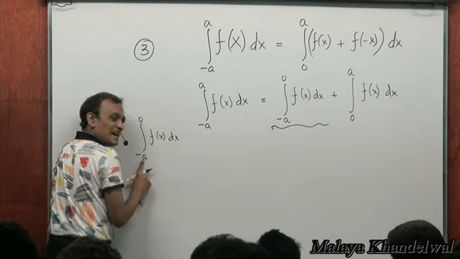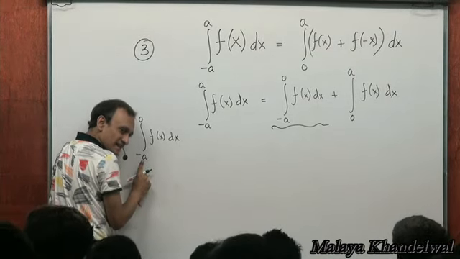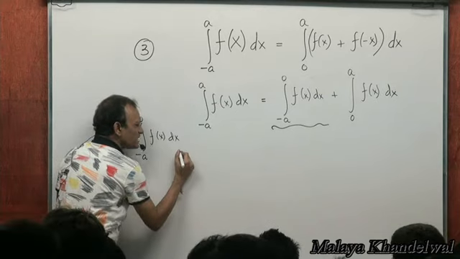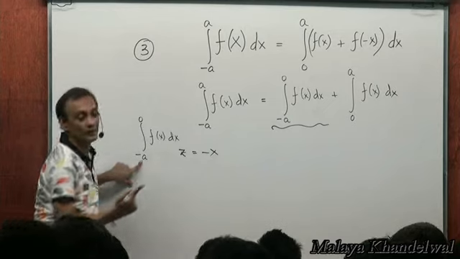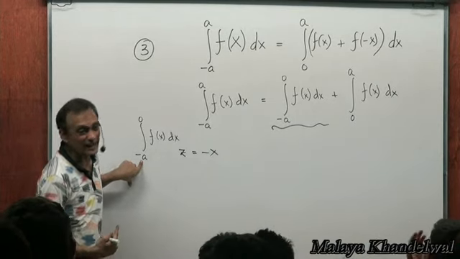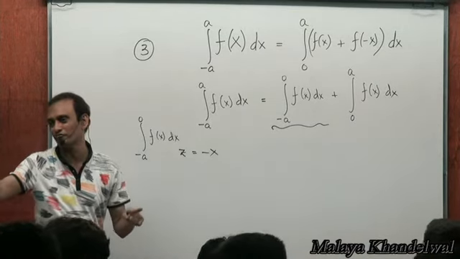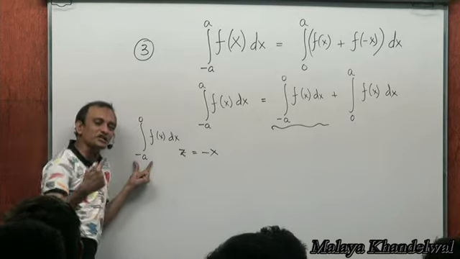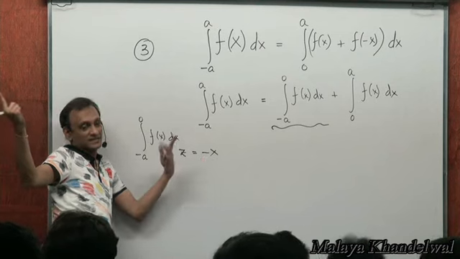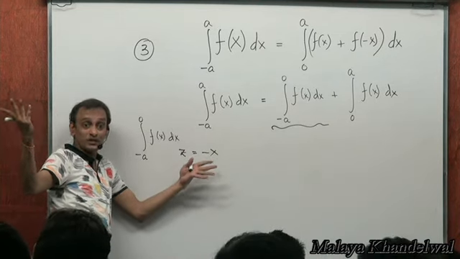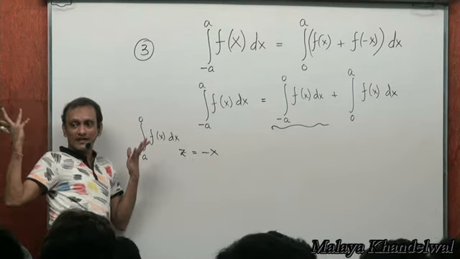I wish it was a here. So take z equal to minus x. When I go to the z domain, this will become plus a. Taking z equal to minus x will do the trick, because when x is minus a, z will become plus a. So this is a suitable transformation for what we need.